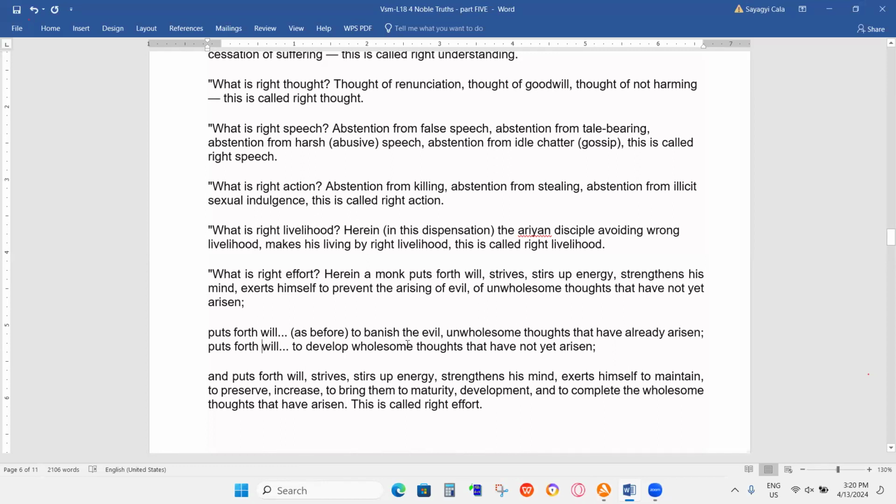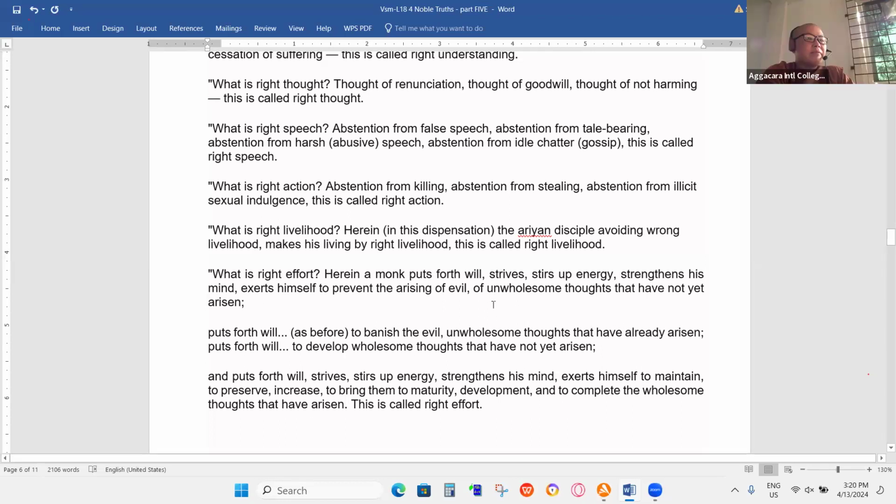Put effort to prevent the arising of unwholesome thoughts that have not yet arisen. Okay. And then? Abandon the evil, unwholesome thoughts that have already arisen. Okay, yeah.